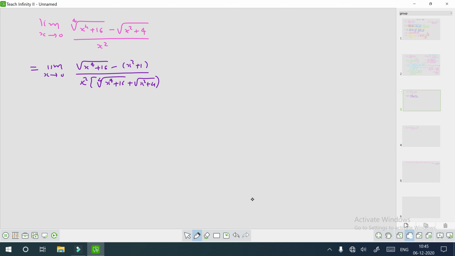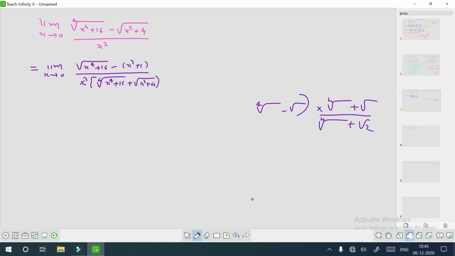Did you understand? If this is not clear to all of you, then please see here. See, fourth root minus square root is given to us. So multiply by fourth root plus square root. This is the rationalization, fourth root plus square root.